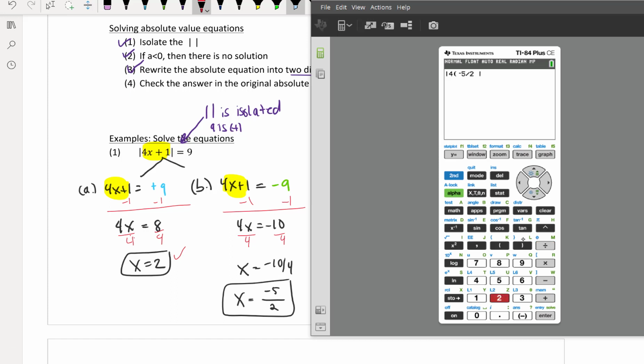You can just enter the fraction that way, and then just remember to close your parentheses, and you have a plus 1. And so when I press enter, it should equal positive 9. Perfect, it does. So now you've checked the answer in the absolute value.